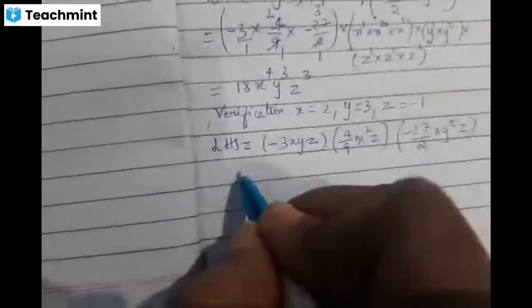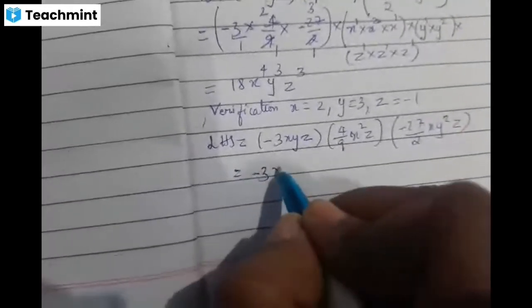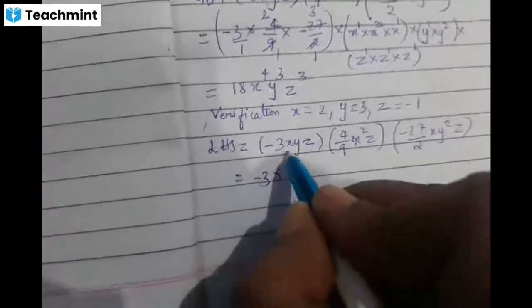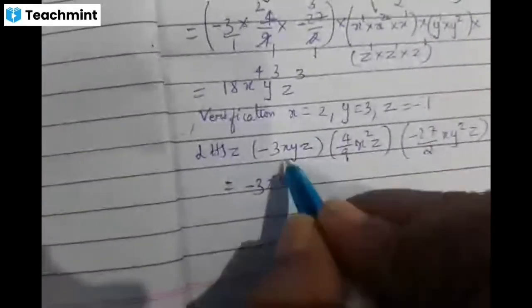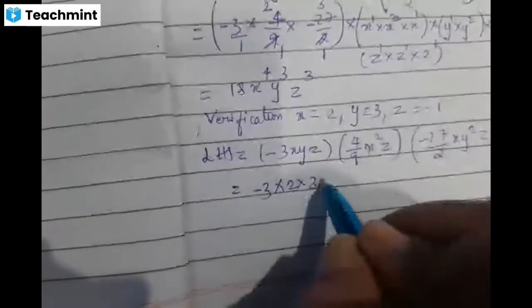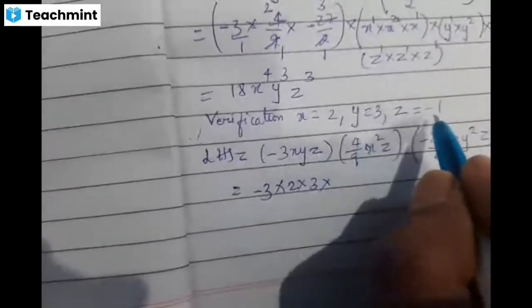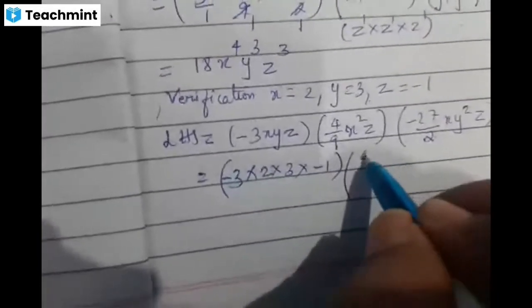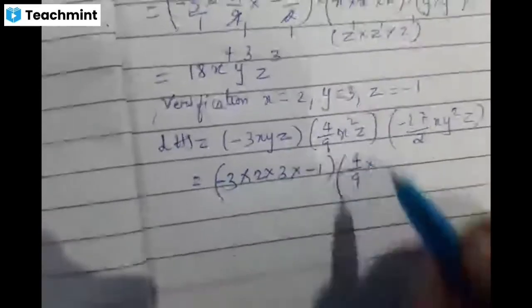Here, minus 3 into, what is the value of x children? 2. Substitute with 2 into, what is the value of y? 3. In place of z, we are going to write minus 1. Close the brackets. Again, 4 by 9 into, here you have x square.